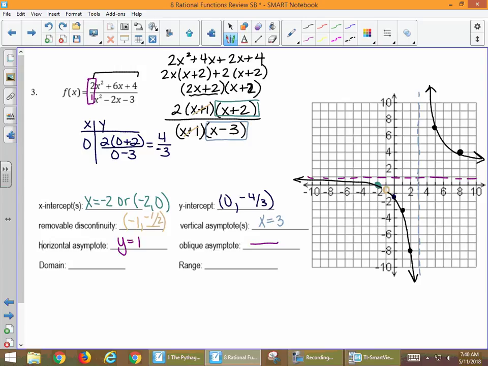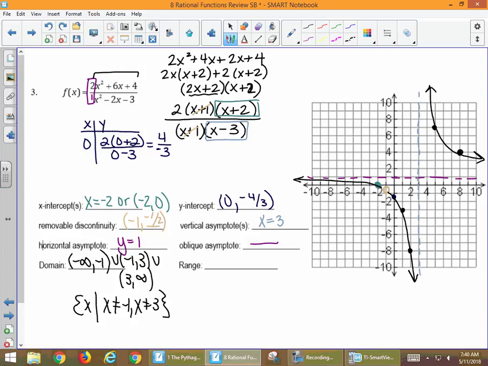So my vertical asymptote here is at 3, and my x value of my removable discontinuity is -1. So -infinity to -1, -1 to 3, and 3 to infinity. In set notation, x such that x does not equal -1, x does not equal 3.